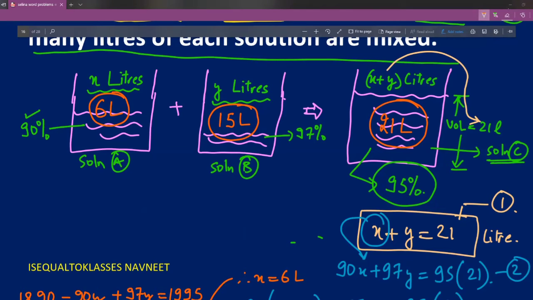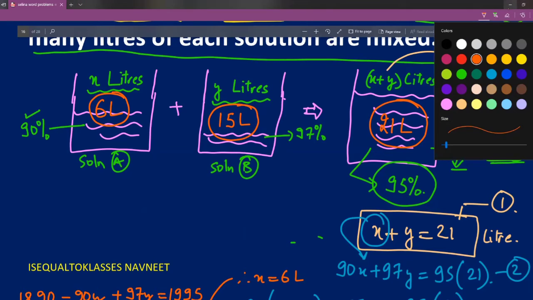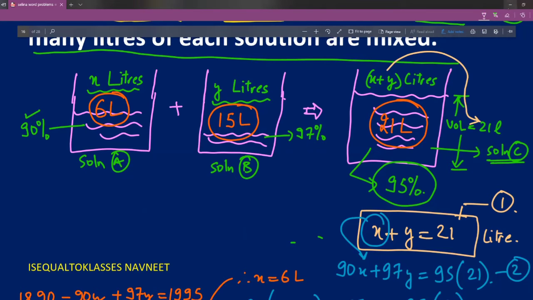Okay, let me explain what has happened here. See, now this is 90% of 6 liters. The amount of acid here is 90% into 6. The amount of acid here is 97 into 15.